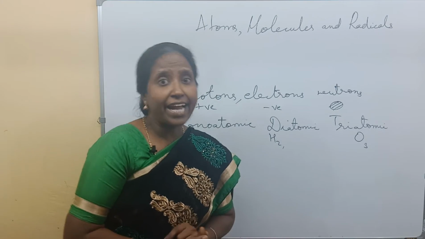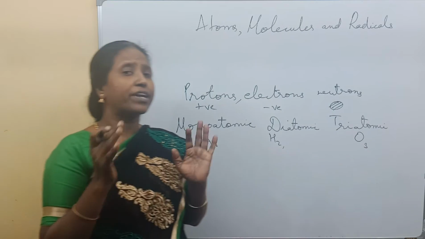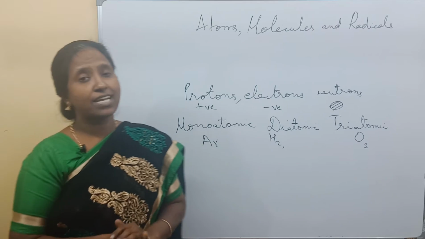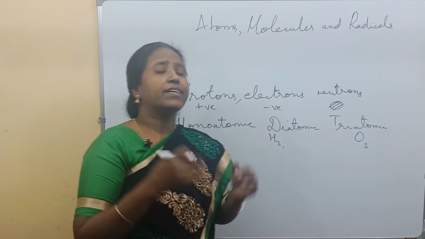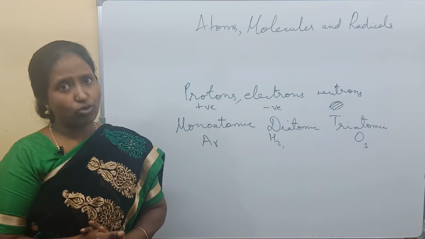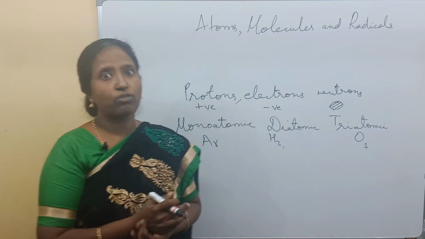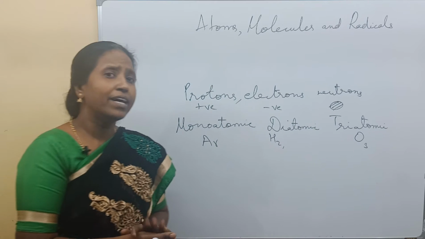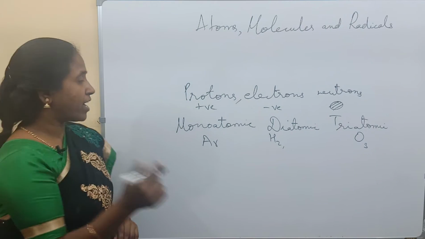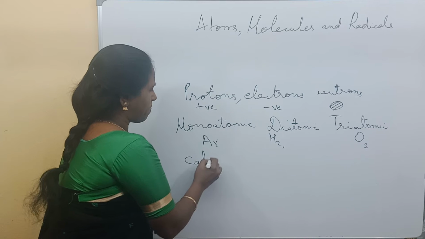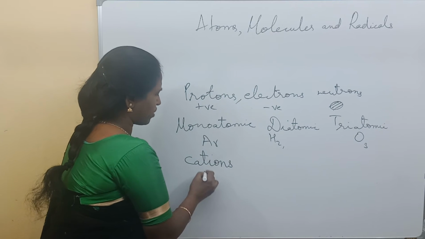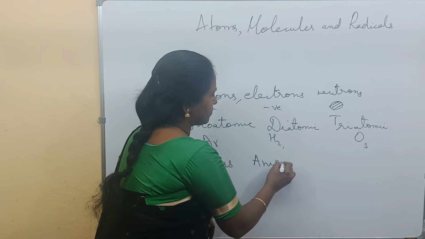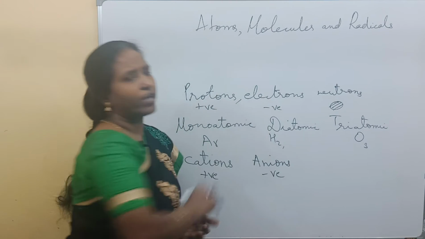And radicals, according to the number of electrons in the valence shell. Valence shell means the last shell. They either leave their electrons and become positively charged, or gain some electrons and become negatively charged. When they are positively charged, they are called cations. When they are negatively charged, they are called anions.